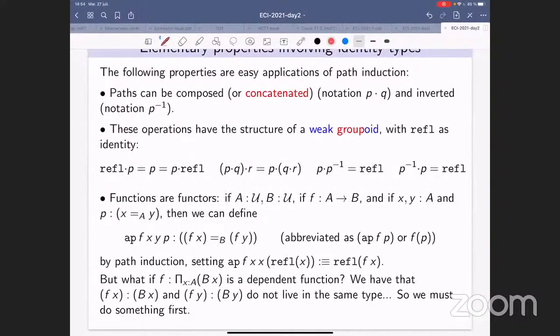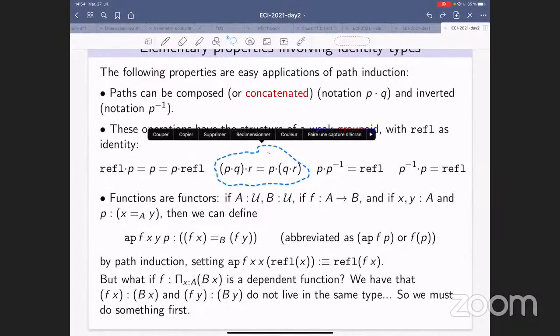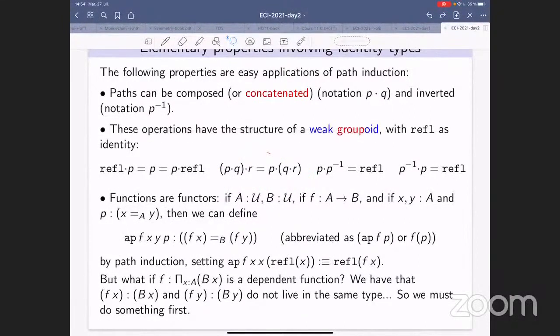So this is another reason why propositional equality is more faithful to the topological intuitions. Here, it would really not make any sense in this homotopical interpretation to ask for definitional equality.